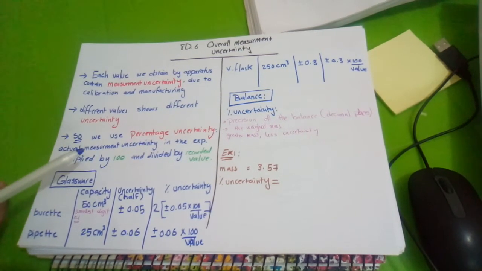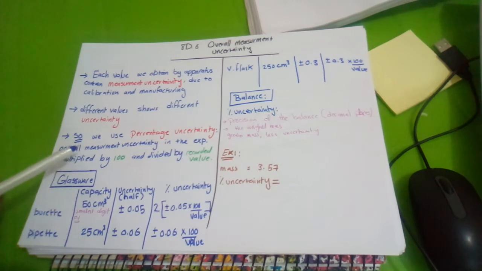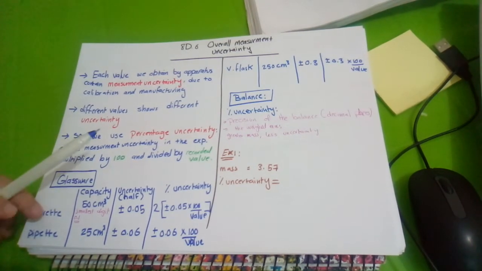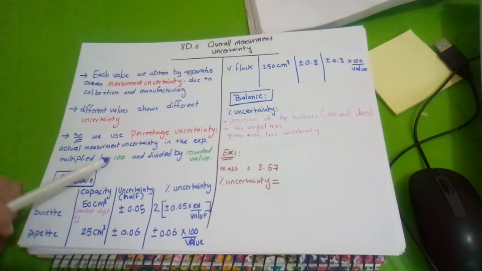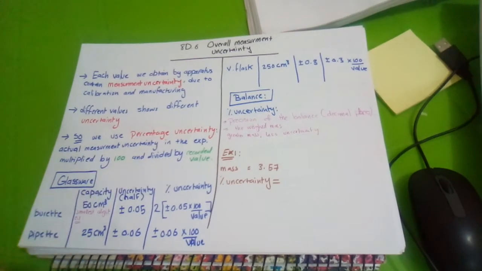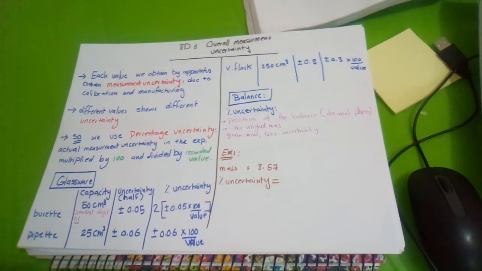What's the meaning of percentage uncertainty? It's the actual measurement uncertainty, the real uncertainty in the experiment, multiplied by 100 because it's a percentage, and divided by my recorded value, the value obtained from the experiment.